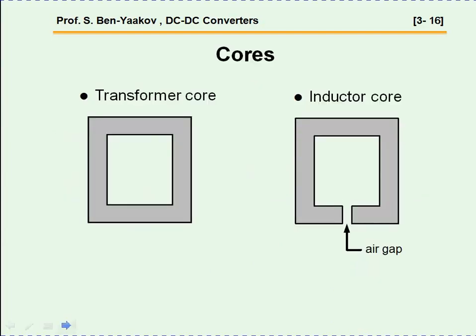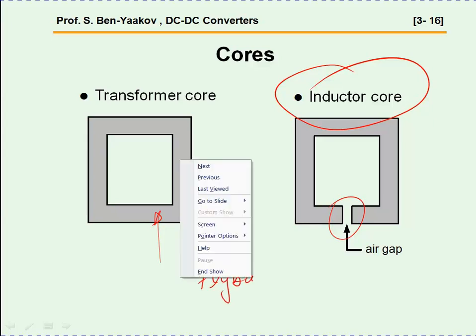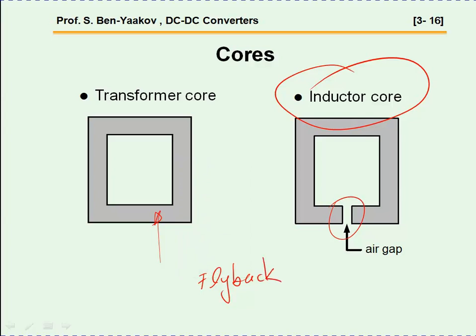Let me now talk about cores, and again I'm talking about inductor cores with a gap, and this is what we talked about up to now, as opposed of course to a transformer which does not have a gap. There is no need. In fact, a gap in a transformer deteriorates its behavior. By the way, there is an element for flyback converters that sometimes is referred to as a transformer.